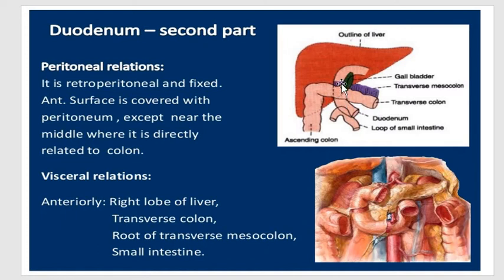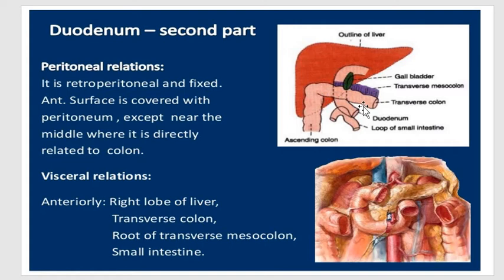That's why we call the anterior surface of the duodenum partly covered by peritoneum, because there are some areas which are not related to peritoneum anteriorly. It is covered by peritoneum except near the middle portion where it is related to the transverse colon.